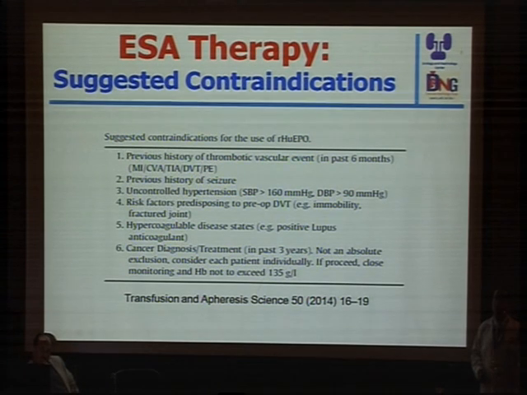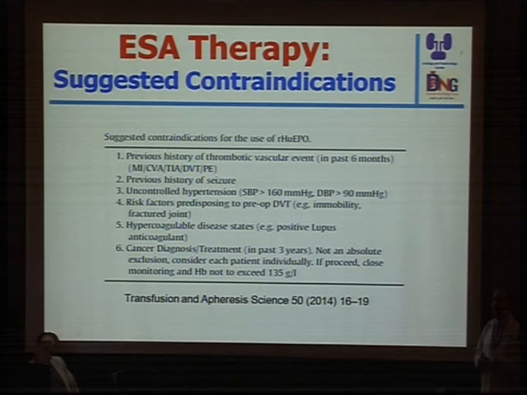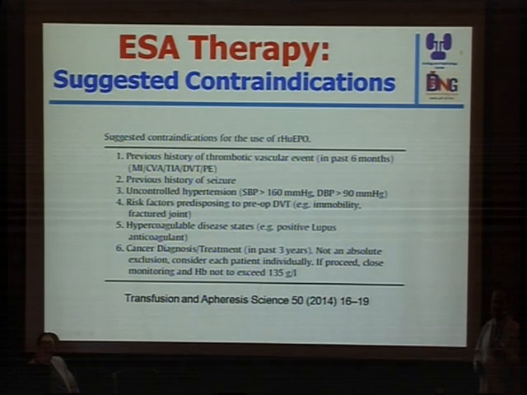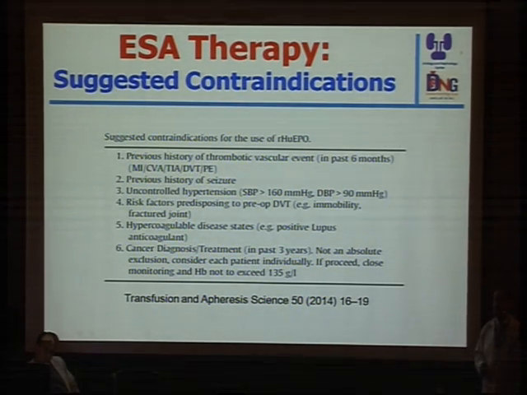Then, before prescribing ESA therapy, we should take a proper history. Suppose that your patient has stroke or suffers from malignancy. I'll be cautious in giving erythropoietin to these patients, and I can stop at a certain level of hemoglobin. Instead of 11 gram per deciliter, I can stop at 10 gram per deciliter because there is a risk of overcorrection.